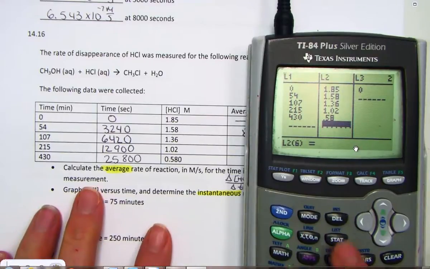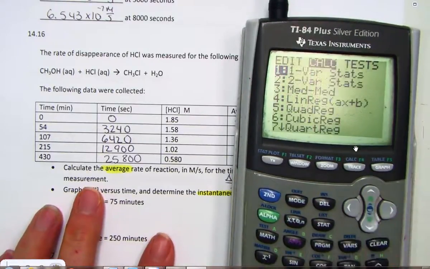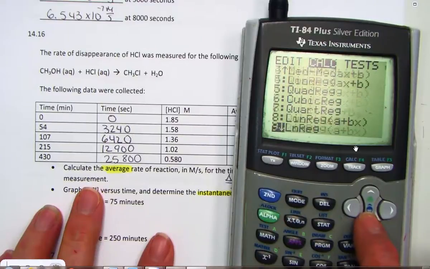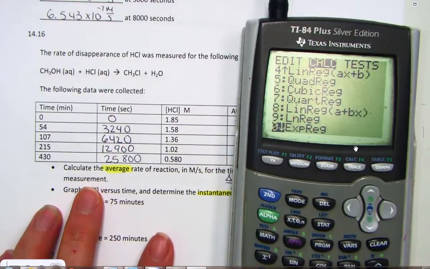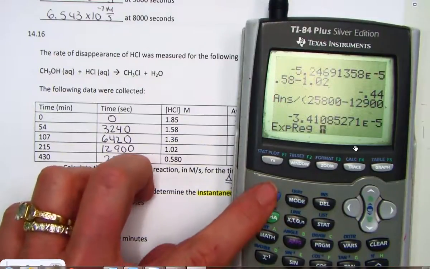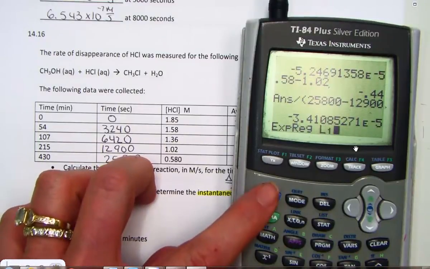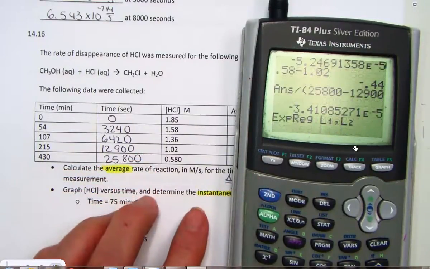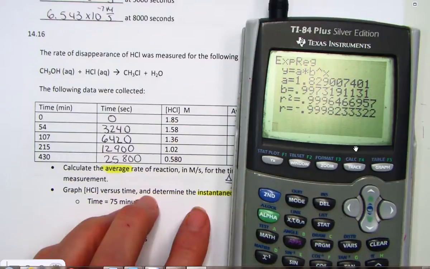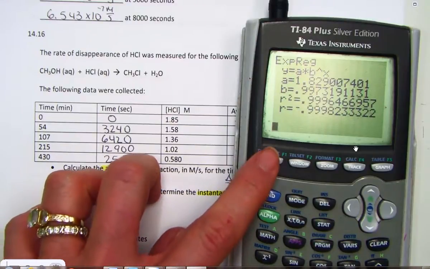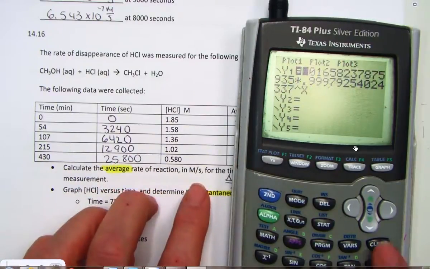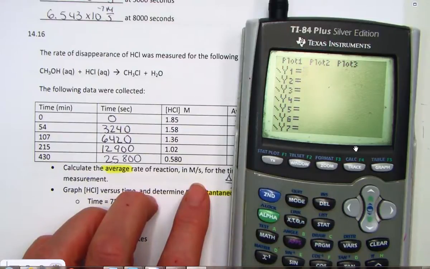So now we want to calculate choice 0, way at the bottom, exponential regression. I want to do that for list 1, comma, list 2, and I get an equation. I have to transfer that to y equals. So I hit y equals, clear out what's there from the last problem.